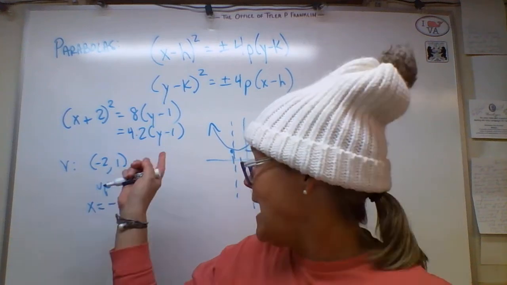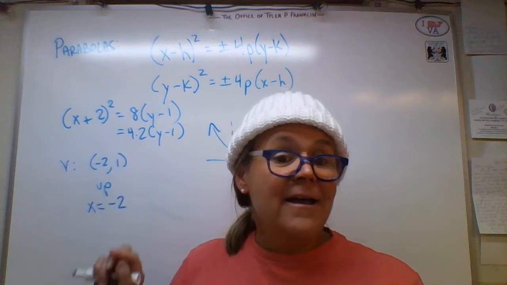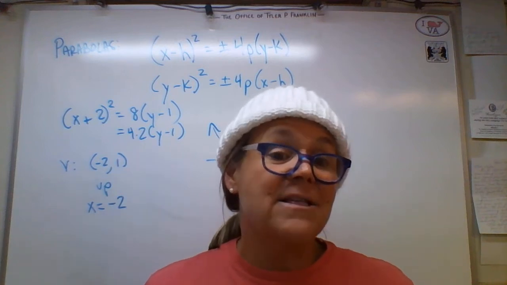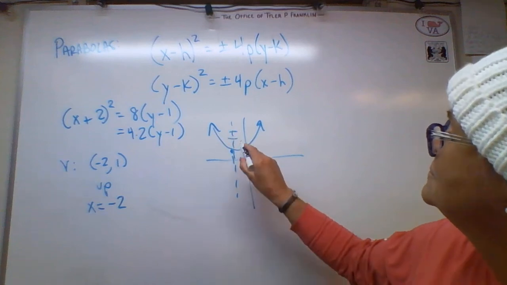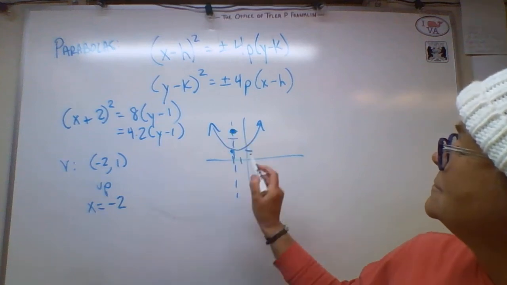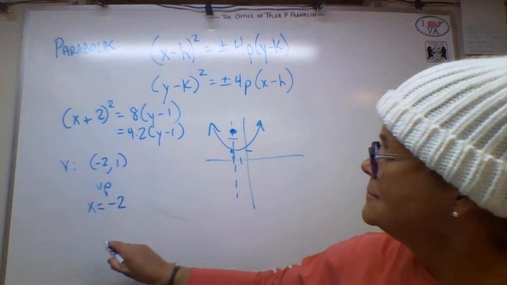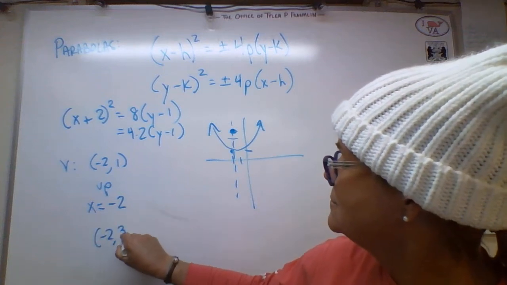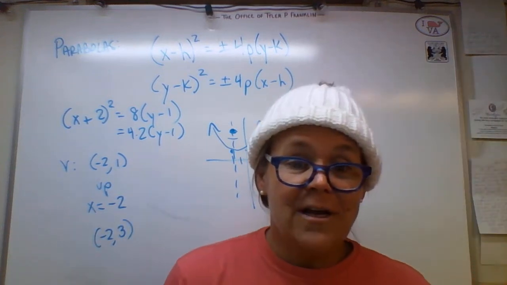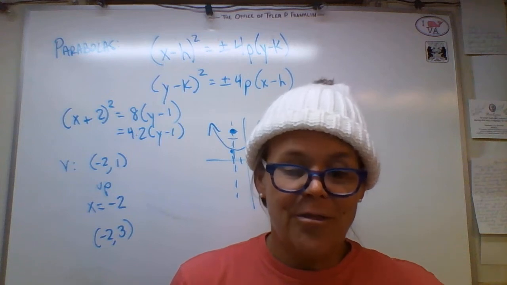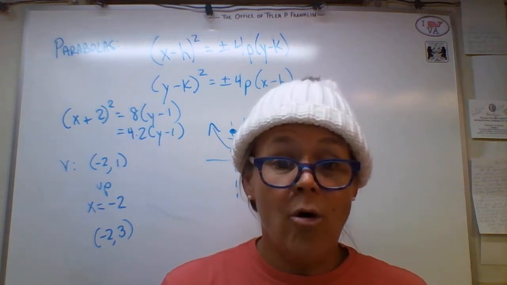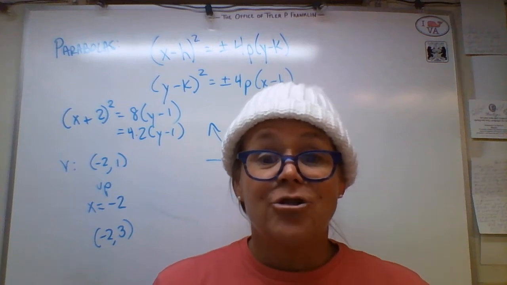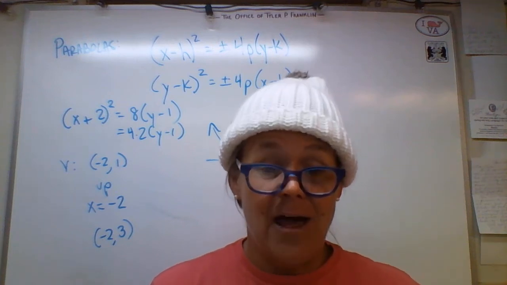Since we have the 2 there, it's 2 spots away from the vertex. So it's going to be -2, 3. The directrix is going to be the horizontal line 2 spots outside.